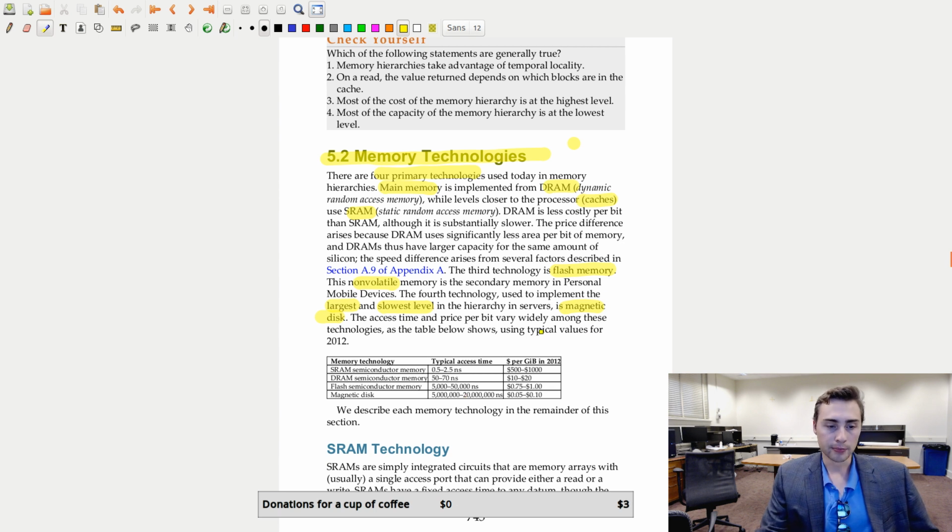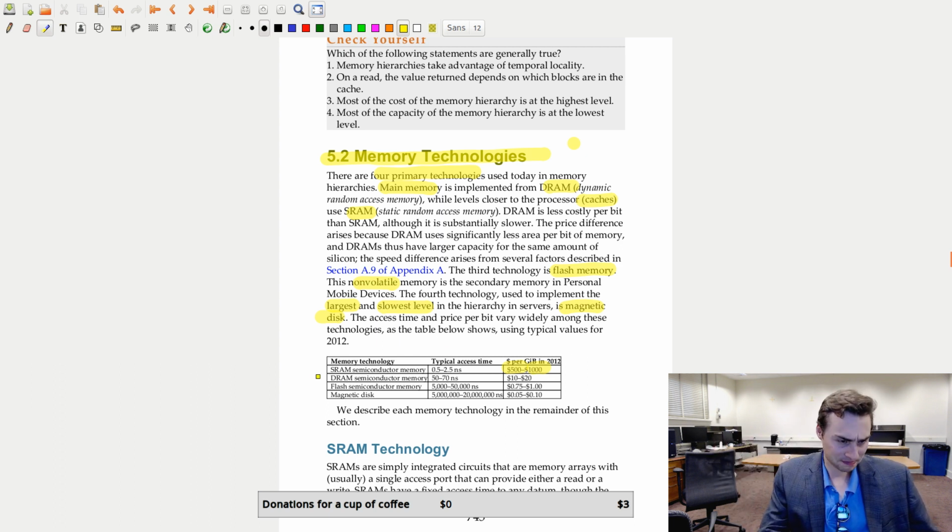So per gig, SRAM is going to cost $500 to $1,000. So when we're talking about the size of a cache, that's why we're generally talking in terms of kilobytes, or maybe megabytes. We're not talking in terms of gigabytes of SRAM.